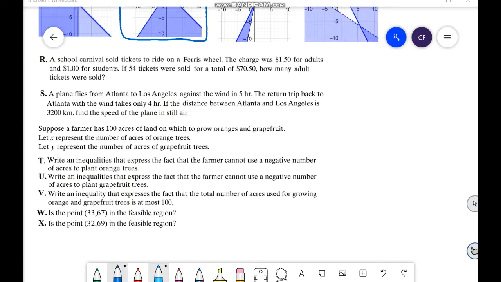We have to write down a system of linear equations to solve this. So let's say x is the number of tickets for adults and y the number of tickets for students. Then we know that x plus y is the total of tickets sold, 54 tickets.